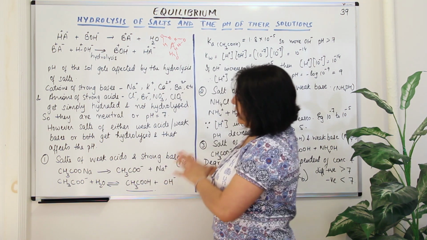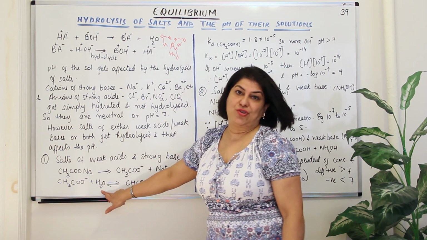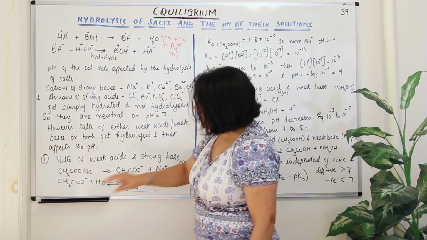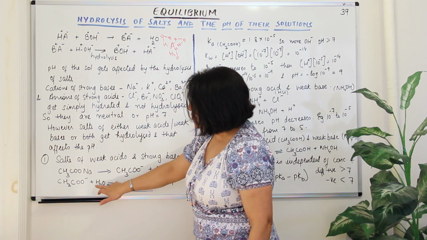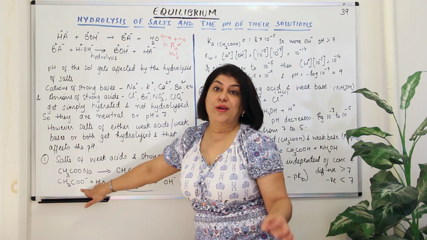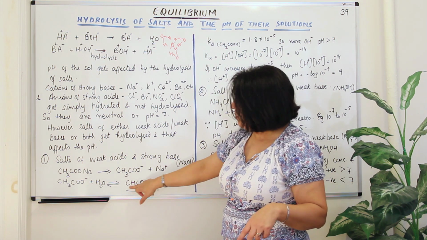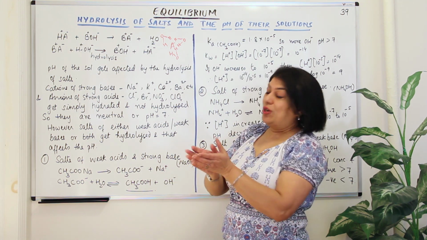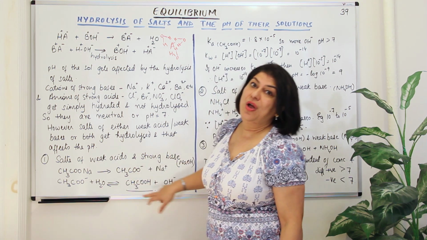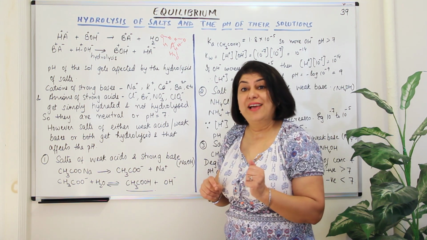So Na positive gets hydrated and CH3COO negative causes hydrolysis. When it causes hydrolysis, it turns water into H positive and OH negative. Since CH3COO is negative, it combines with H positive to form CH3COOH. And what is left of the water molecule? OH negative of the water molecule is left.